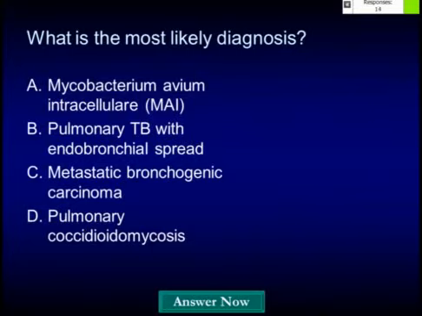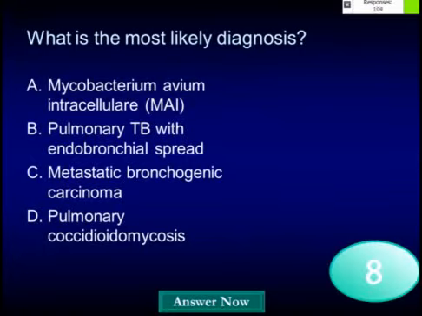Is this Mycobacterium avium intracellulare complex? Is it pulmonary TB with associated endobronchial involvement, metastatic bronchogenic cancer, or pulmonary coccidioidomycosis? We have to always bring that up. We're in California. Please vote.